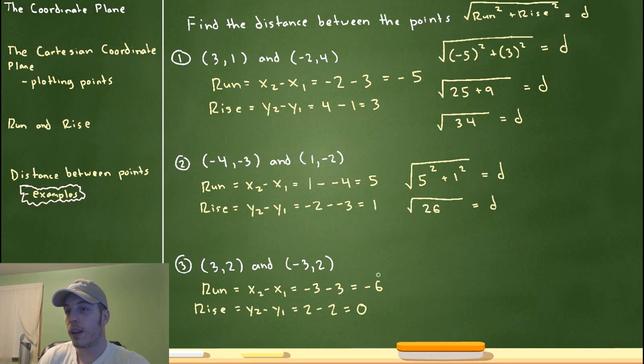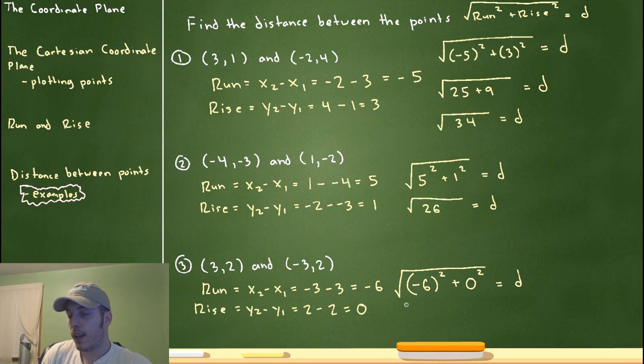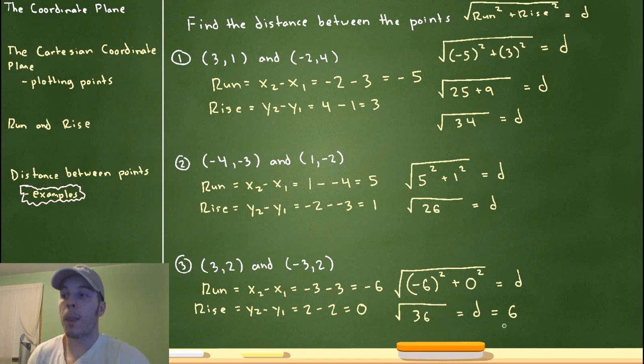And then following the formula here, we'll have negative 6 squared plus 0 squared, and the square root of all that will equal d. And so negative 6 squared is positive 36, equal to d. And the square root of 36 is equal to 6. Okay, so d is equal to 6.